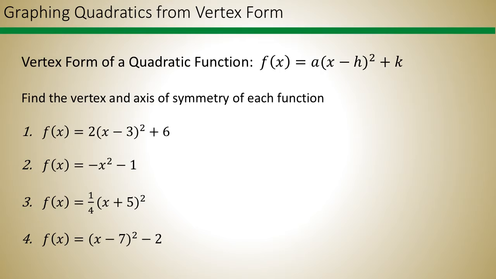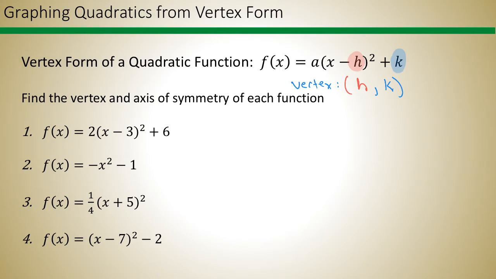So important parts of this vertex form is the H and the K, and that's going to tell us where our vertex is. So the X value of our vertex is going to be whatever H is. The Y value of our vertex is going to be whatever K is. So that is our vertex.